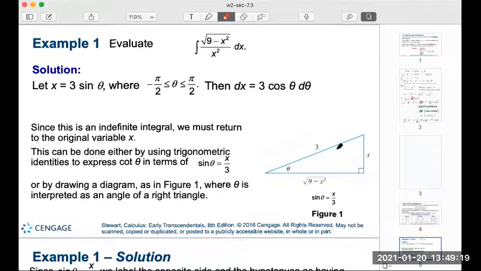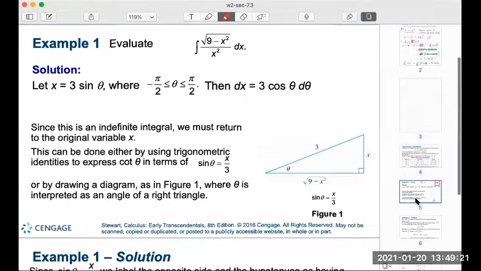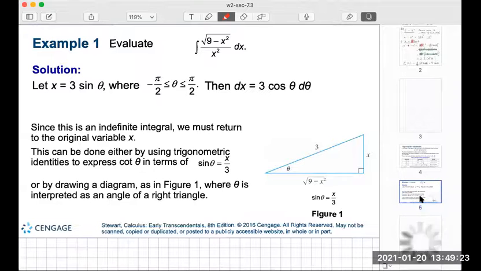Now, suppose we need to compute this integral. Okay? We see this term we just discussed a few minutes ago. We want to get rid of this guy. And let us do the substitution rule. Okay?